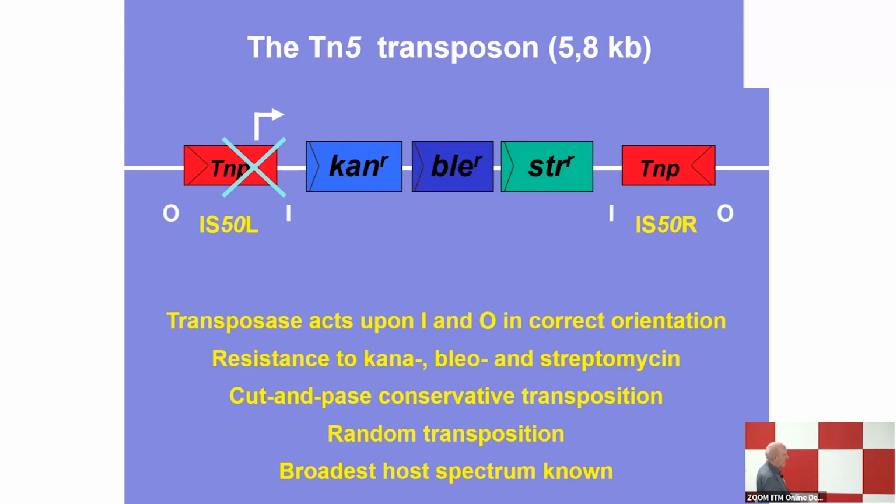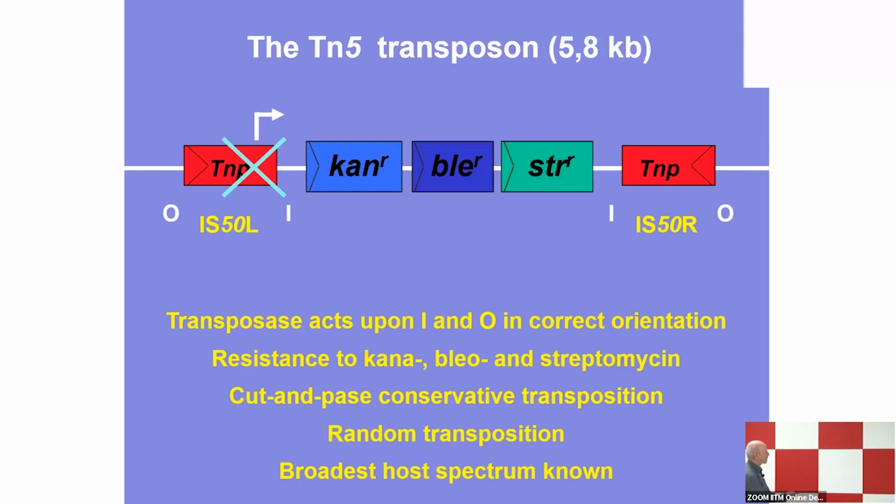Also important is that the transposition is random, so it can go anywhere in the chromosome, and this is a good property that can be exploited in many cases. Also important is that the spectrum of possible insertions covers basically any type of biological DNA.